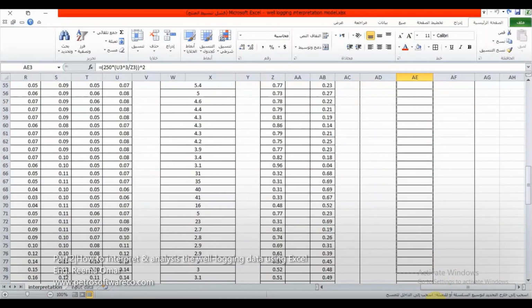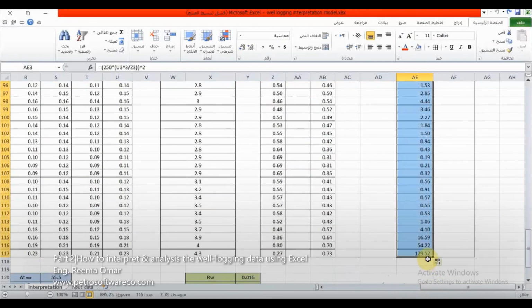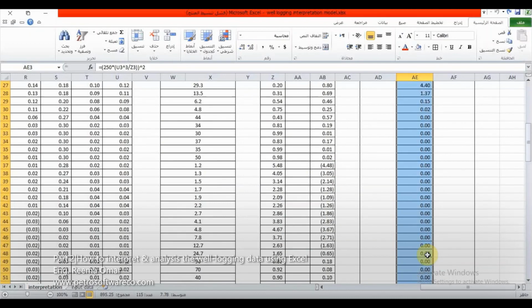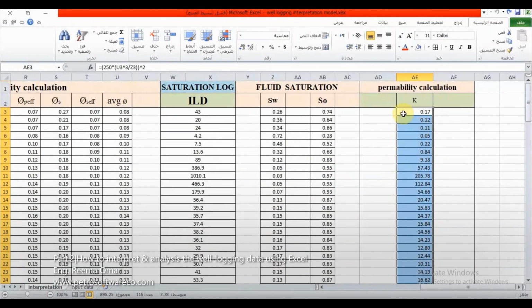Okay, now apply this equation on this. This value is the permeability value.